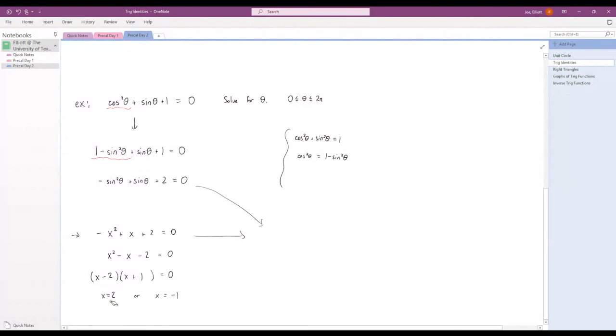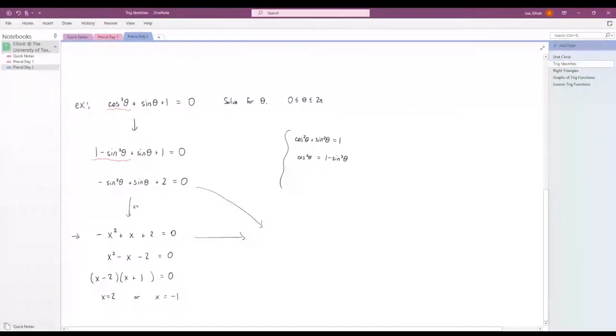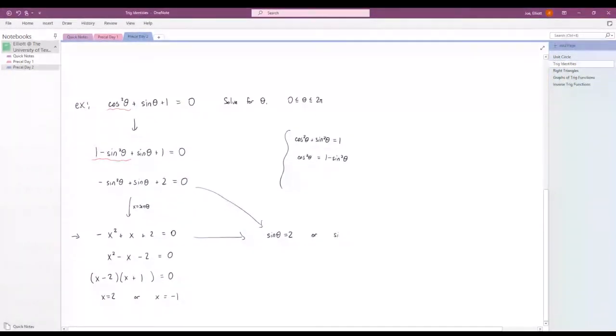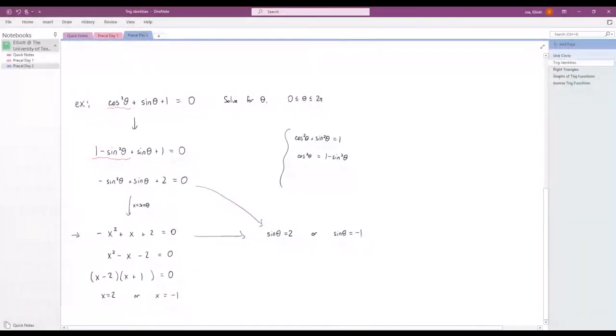So when we solve for x down here, you can think of it as having solved for sine theta. So when we get x equals 2 or x equals -1, going back to the original problem, that means either sine theta should be equal to 2, or sine theta should be equal to -1.